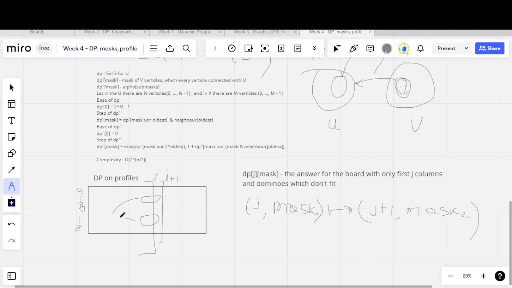Mask 1 is how we contain this dominus, and mask 2 is how we contain our step.